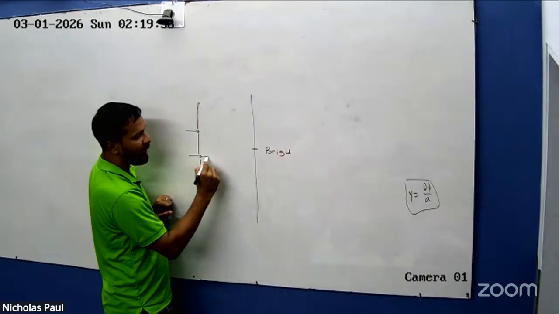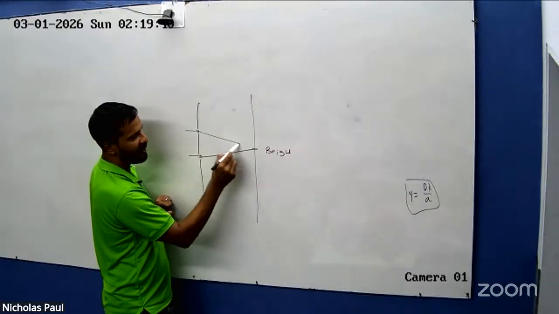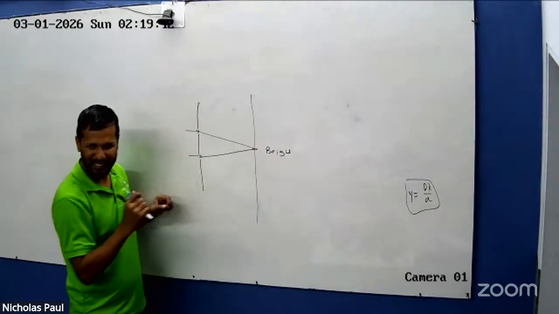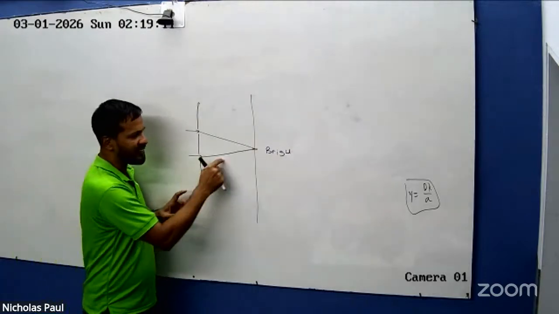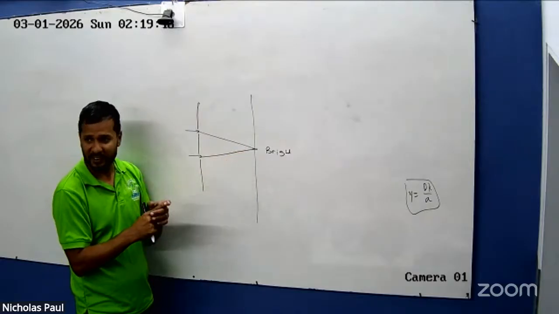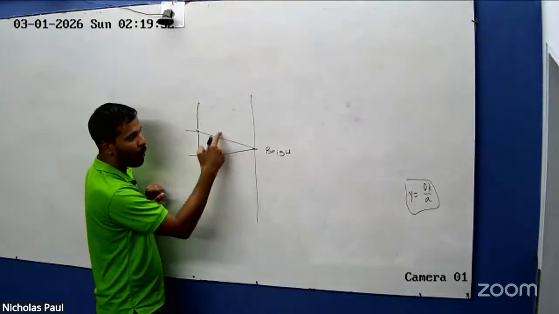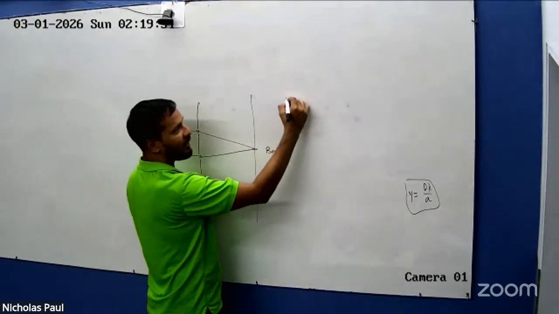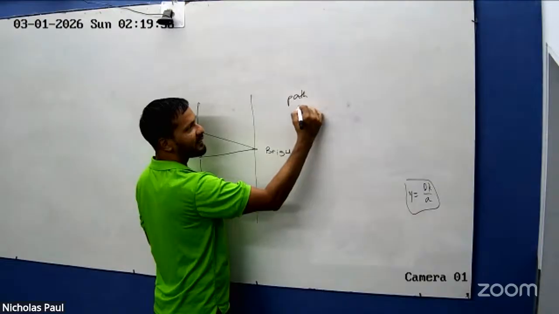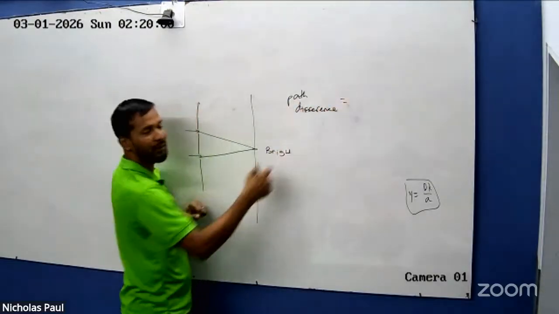If a ray leaves here, travels that distance, and a ray leaves here and travels that distance, is the distance the same for the center? Yes, the distance is the same for the center. We call that difference the path difference.